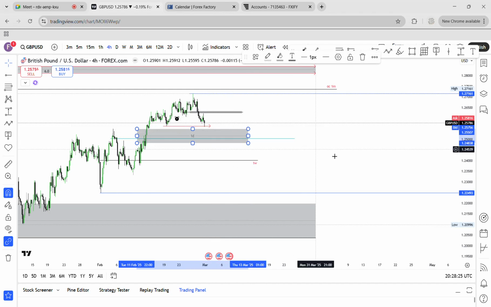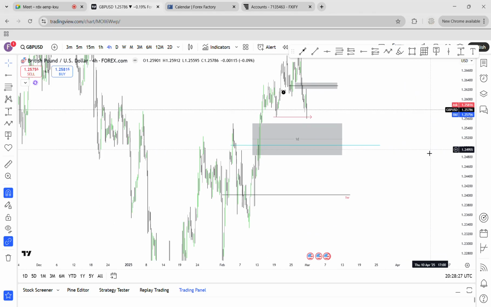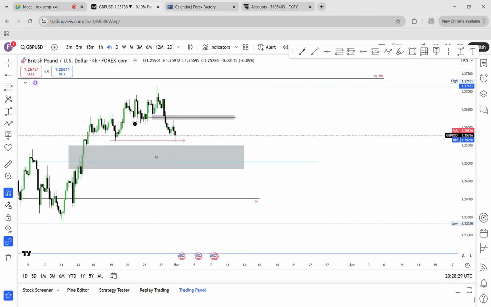So we already know what price is going to do or where we are heading towards. Like I say, where is price at? Where is it likely to go next? Like the nearest draw on liquidity? Where is it going to move from to get there?